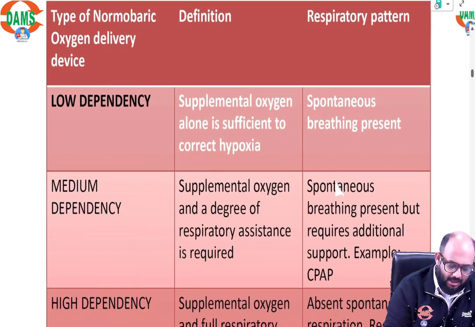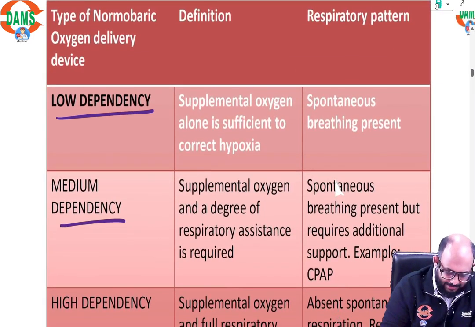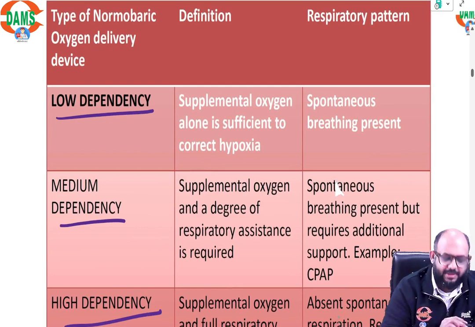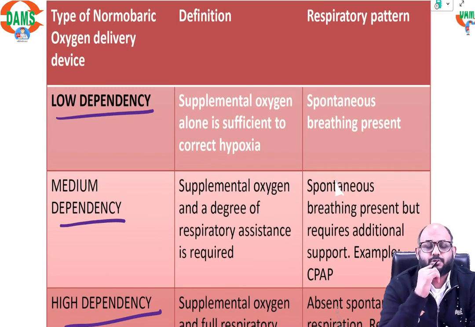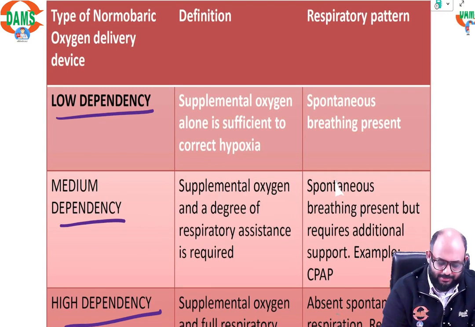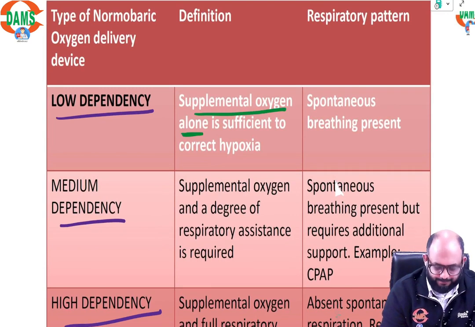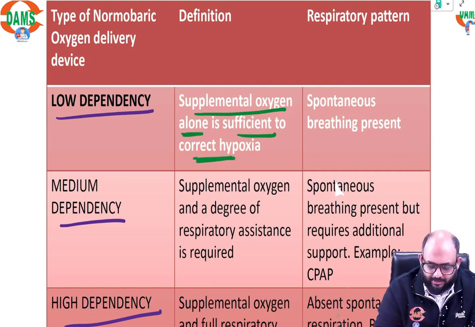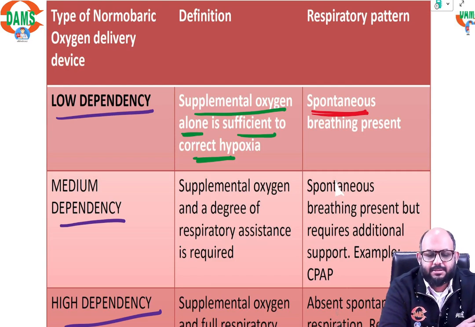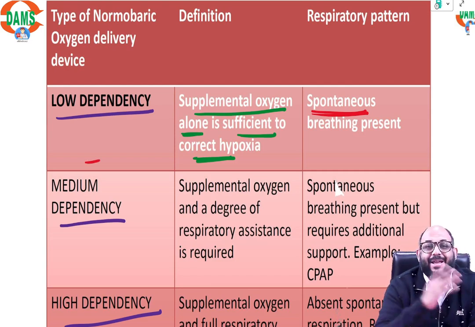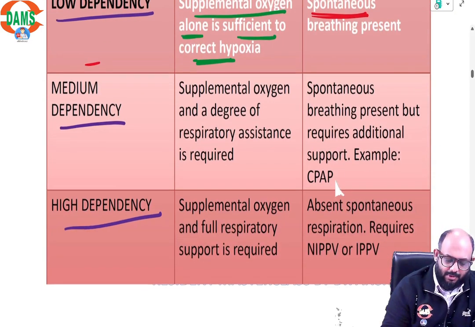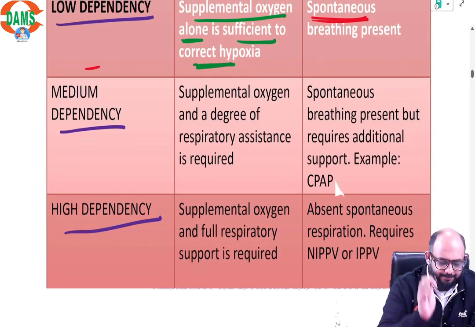Now, what is this low dependency, medium dependency, high dependency? Low dependency means low dependence on the supplemental or support to the patient. So, supplemental oxygen alone is sufficient to correct hypoxia. Respiratory pattern is spontaneous. The patient is spontaneously breathing.